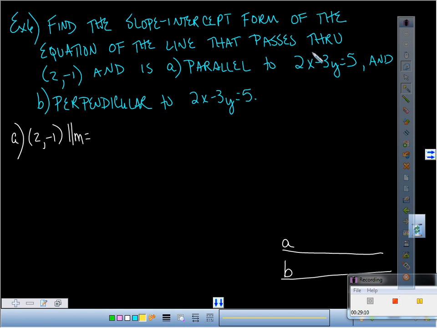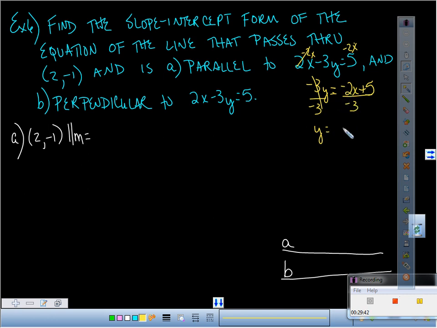So I'm going to subtract 2x from both sides. So I'll get -3y is equal to -2x plus 5. Okay? All I did was this. Now I'm going to divide by -3. Remember that you have to divide everything by -3.